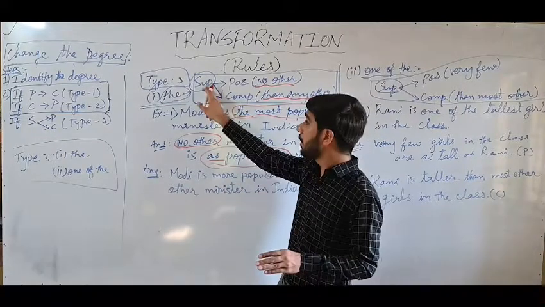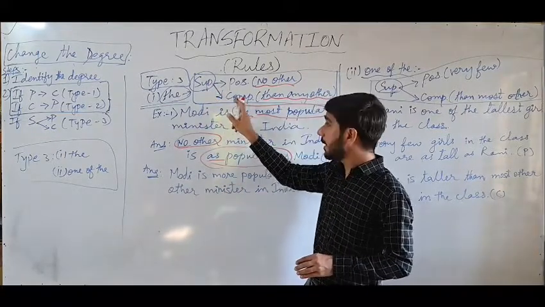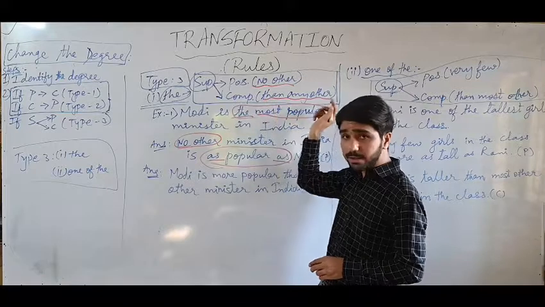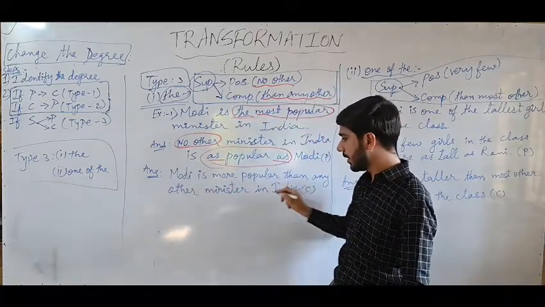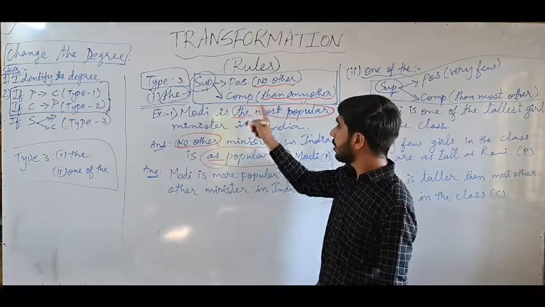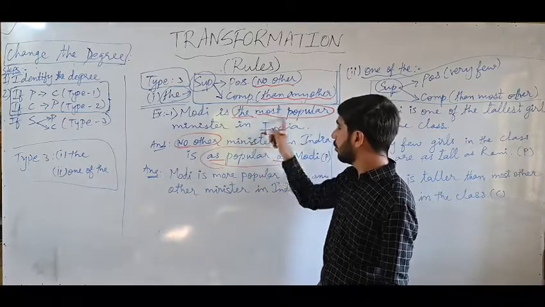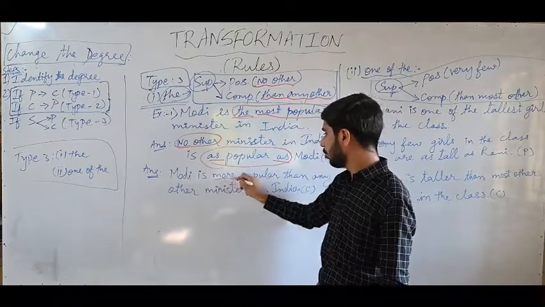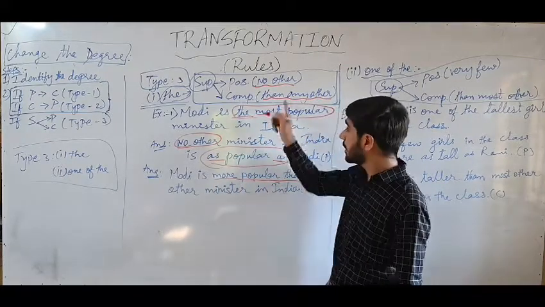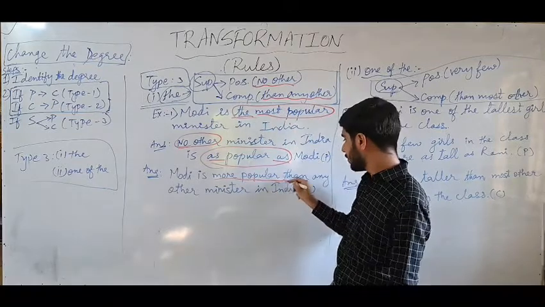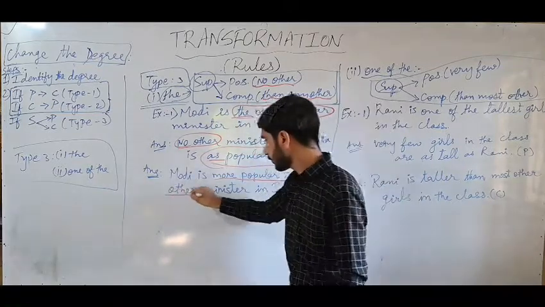Then from superlative to comparative. So in comparative degree we have to use "than any other". So Modi is more popular than any other minister in India. Now see, instead of using "the most", we have used "more popular than any other minister in India" because it is given "than any other". So you have to use "than any other".